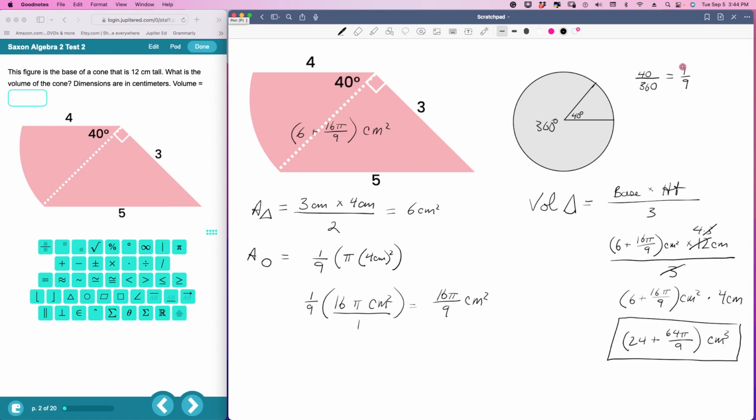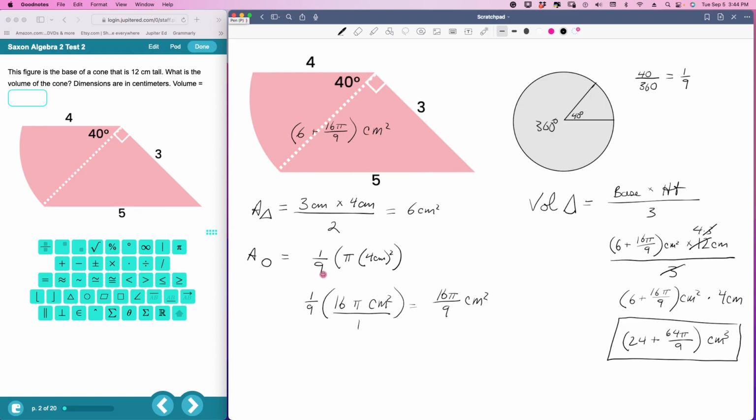Then you're going to take that fraction and put it in front of the same formula we've been using for area of a circle since the beginning of time, just so you can find the proper number that is corresponding to that. All right?